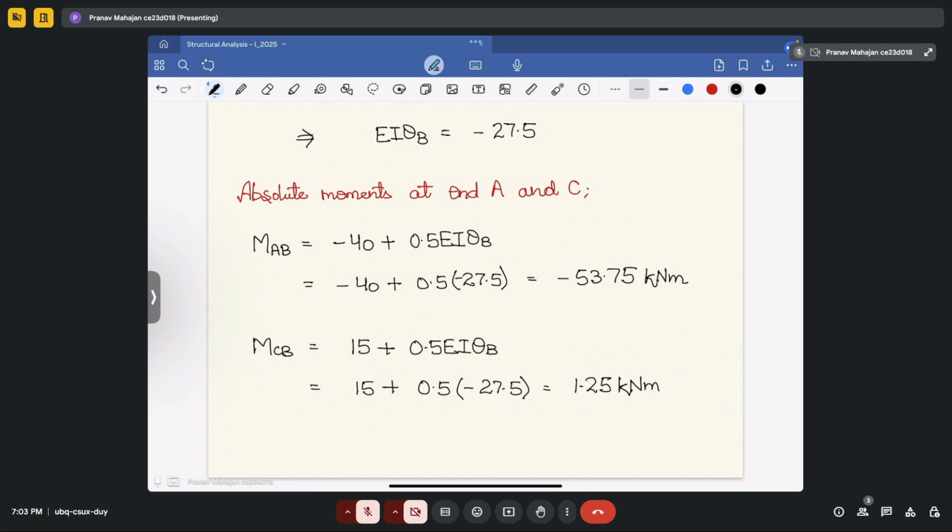So these are the absolute moments at end A and end C respectively. Okay, so this is how you will use slope deflection method to calculate the value of unknowns, that means the rotations as well as moments at the ends. Okay, so let's solve one more problem.